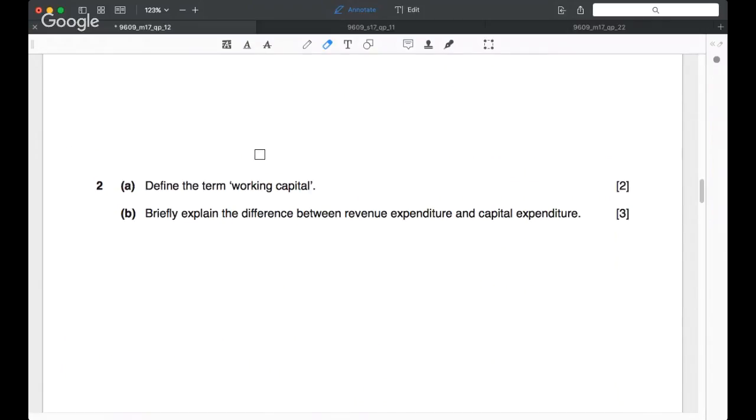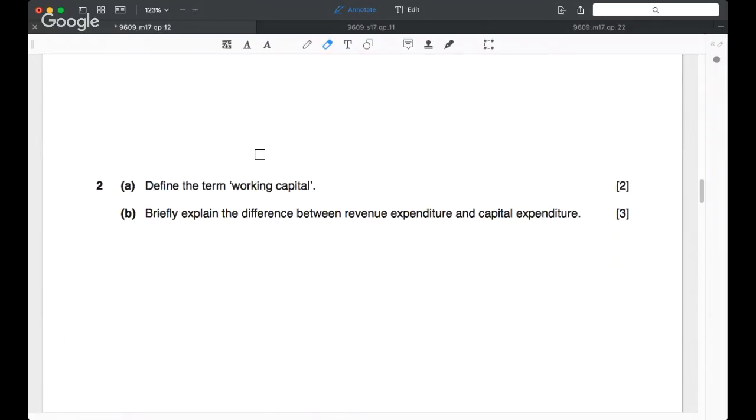Question 2A: define the term working capital. Working capital is basically available finance. It is not costs, and this is sometimes a confusion when answering this. This is not about costs, this is available finance.